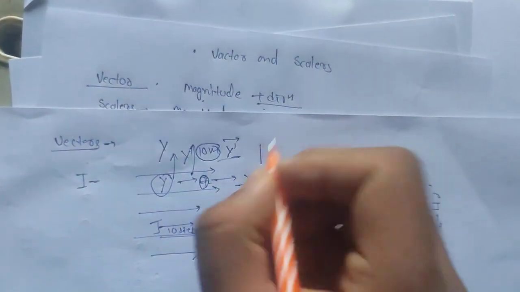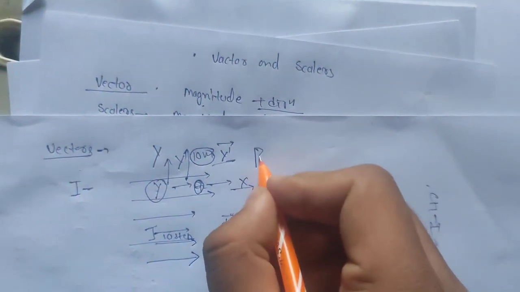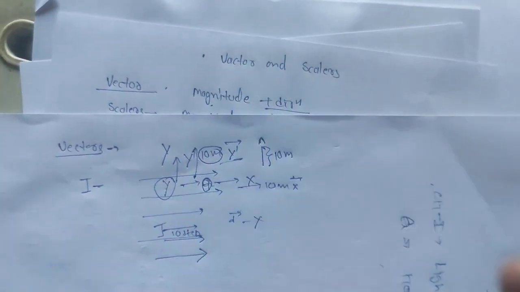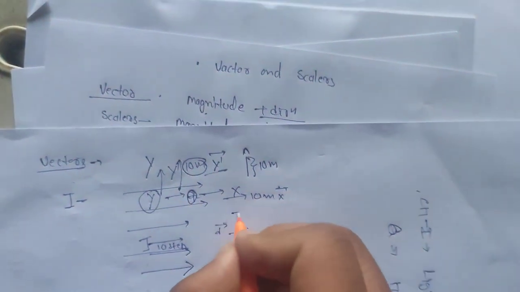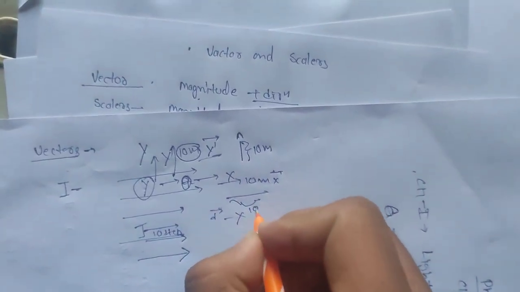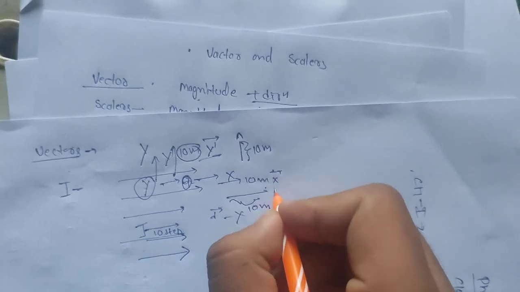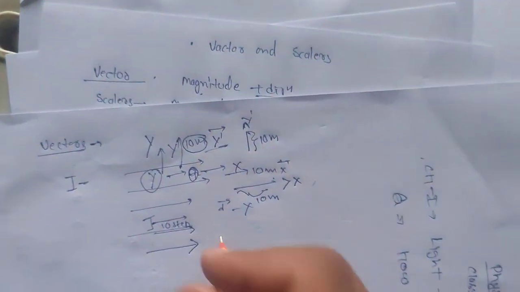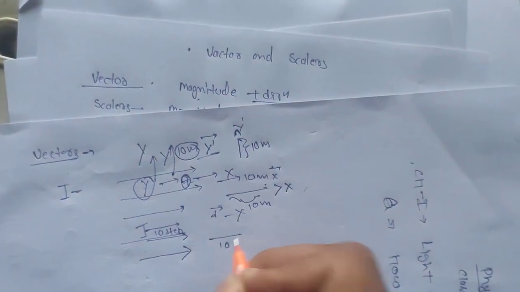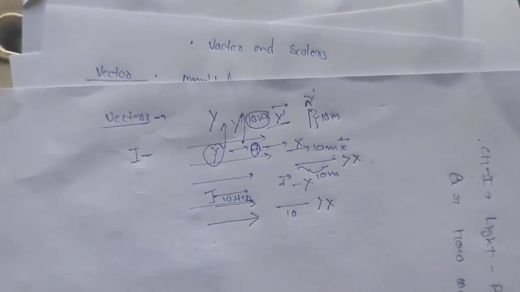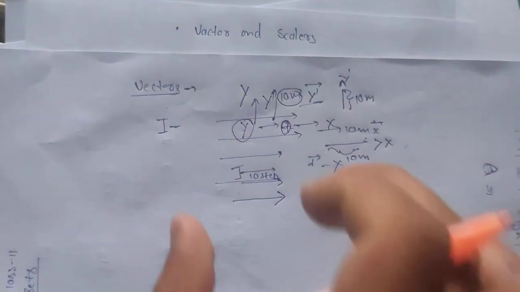You throw the ball 10 meters in the direction of x, or in the direction of y. I walk 10 steps above in the direction of, say, x. I think you understand the thing.